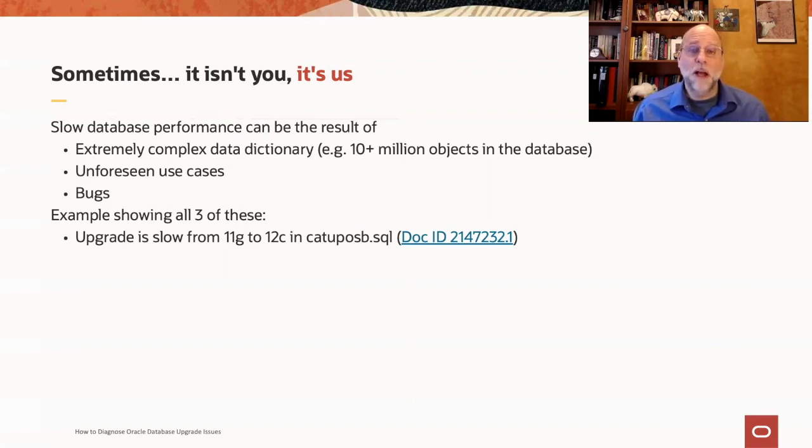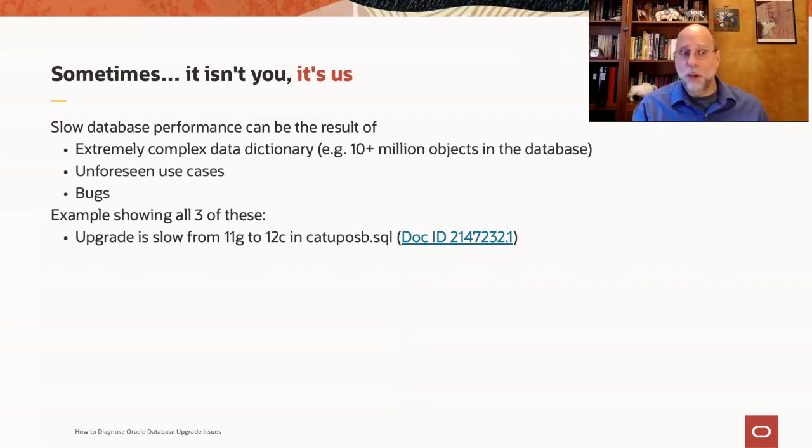Unforeseen use cases, well, what had happened was there was a bug where there was a customer who had certain init parameters set to non-default values. In fact, they were optimizer parameters, and that was causing problems in this file. So when we run this, we now set those parameters at a session level. And then there were some bugs.